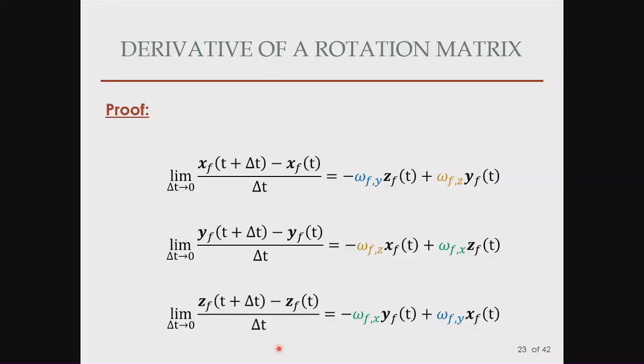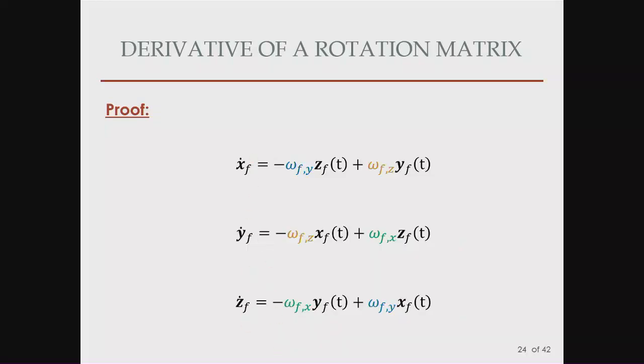This is the direction and some size. If it's faster, then the derivative vector will be longer, and if slower, it will be shorter, but in this direction. So I just replace them with the dots: x dot, y dot, and z dot. Is it clear so far? I feel that I'm frying your brain. That's fine.